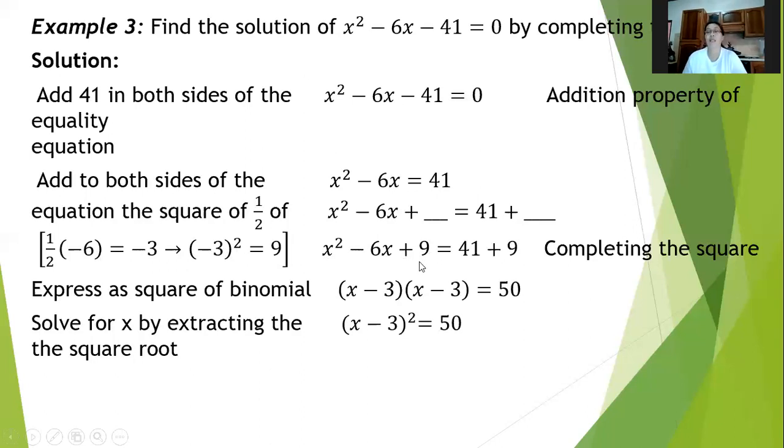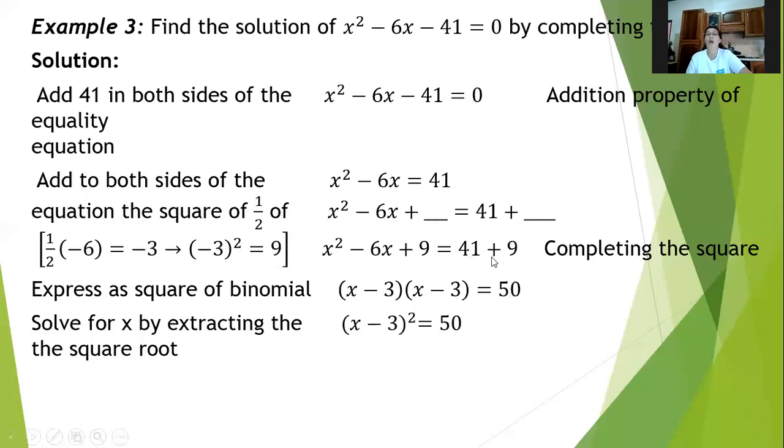As I said, if you add 9 to the left side of the equation, you also have to add 9 to the right side. This is now x squared minus 6x plus 9, a perfect square trinomial, and the factor of this is a square of a binomial. That is x minus 3 times x minus 3.